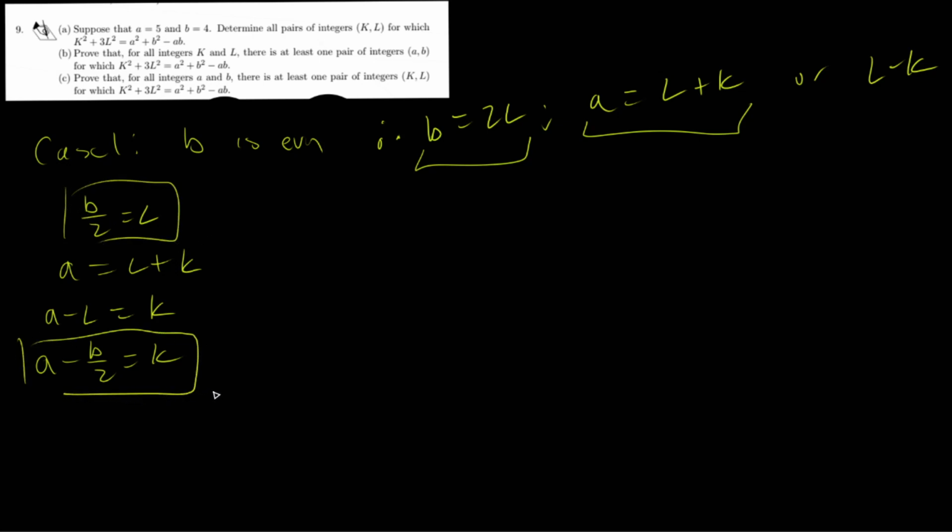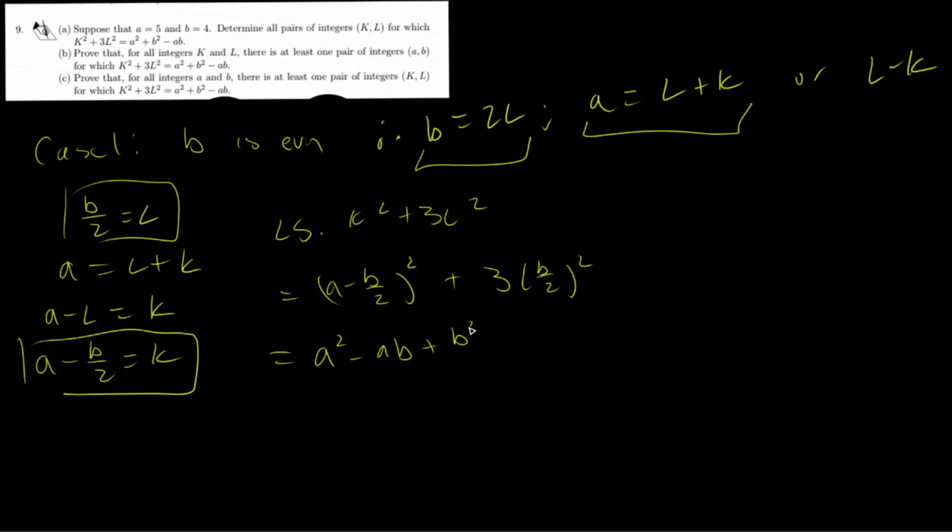Let's substitute it back into our equation. On the left-hand side, we have k squared plus 3l squared. This would equal a minus b over 2 squared plus 3 times b over 2 squared. This equals a squared minus ab plus b squared over 4 plus 3b squared over 4.